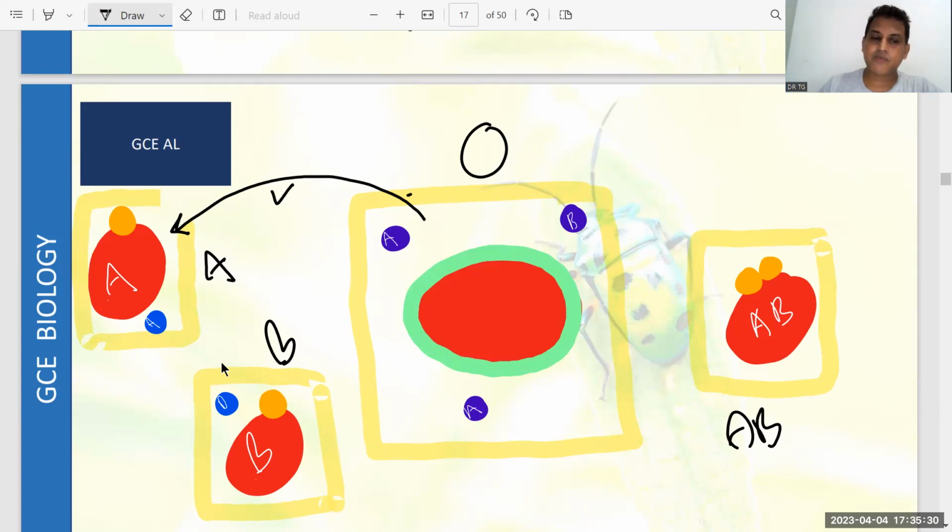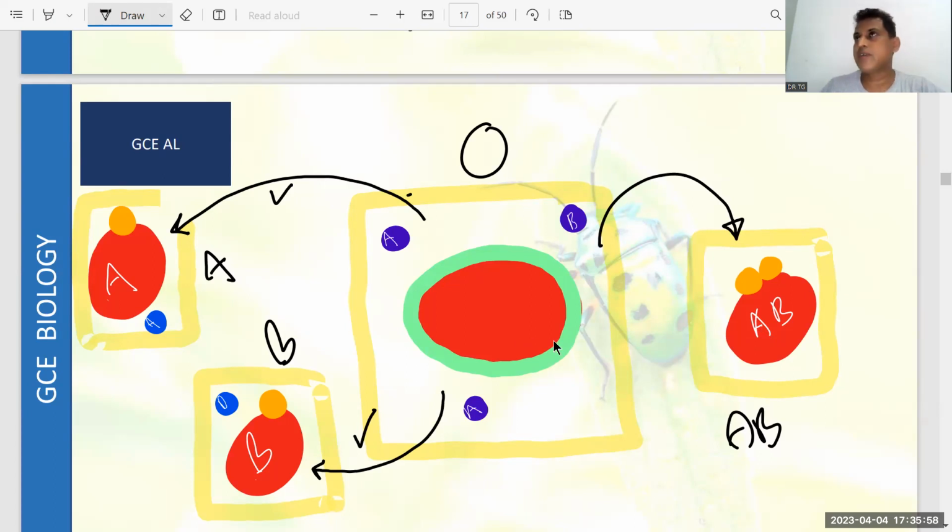This is okay. O is given to B. B has B antibody. B antibody cannot recognize anything because there is no antigen on O blood group. This is also possible. So O is given to AB. AB has no antibodies, nothing will recognize, nothing will happen. So this is also possible.